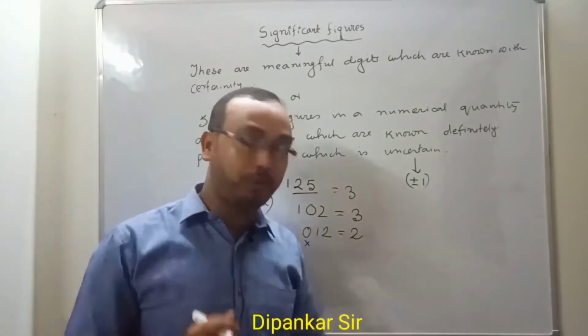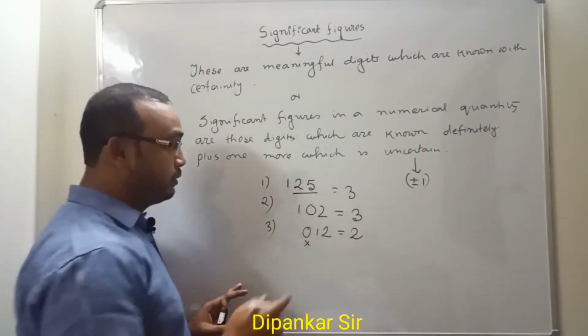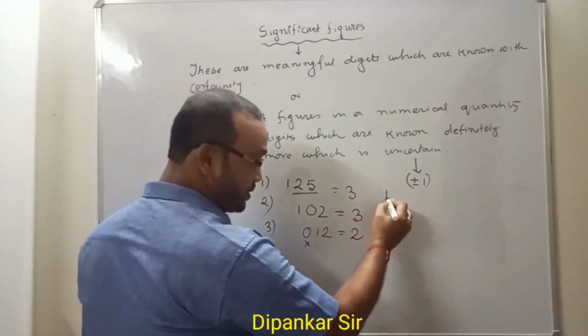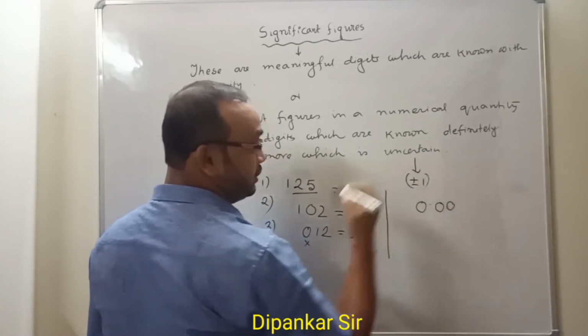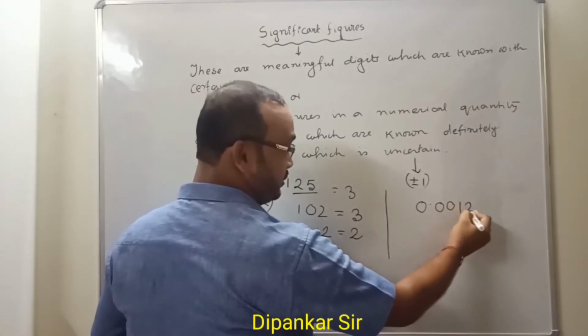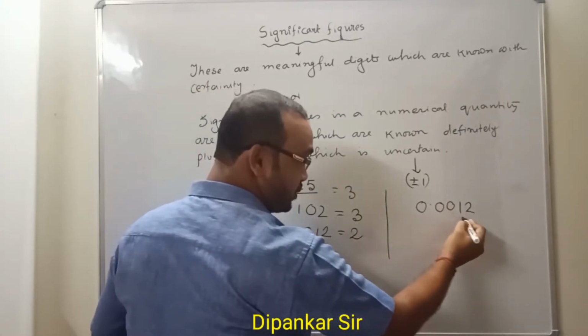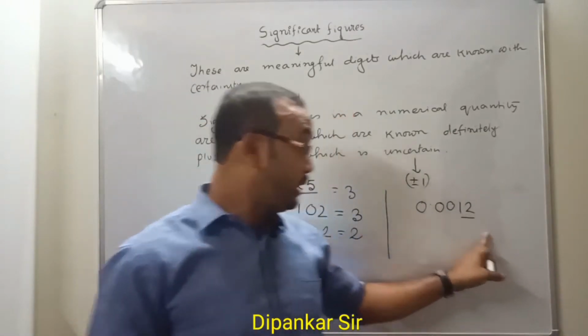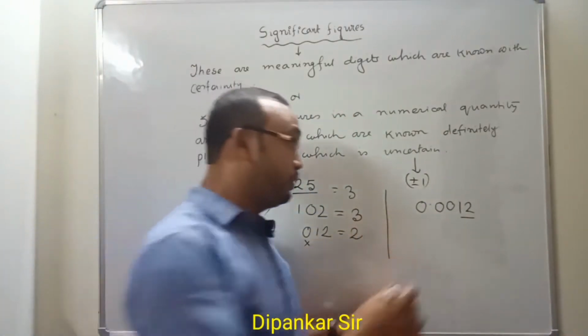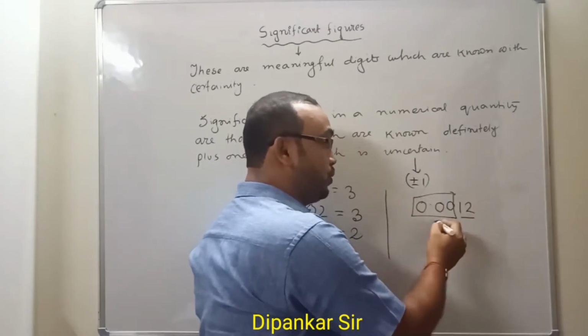Now come to the decimal point. If any 0 is present in the decimal form before a non-zero digit, where 1, 2 are the non-zero digits and these are the 0s, then these 0s have no significance.